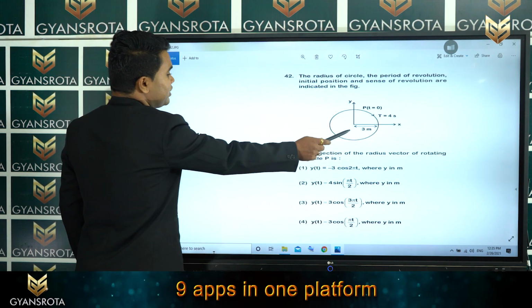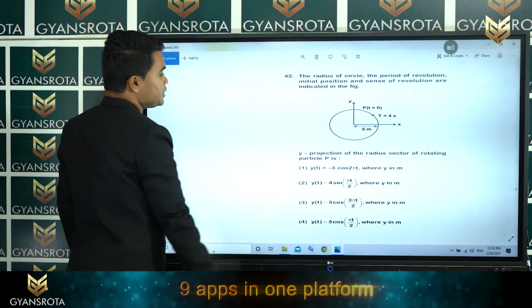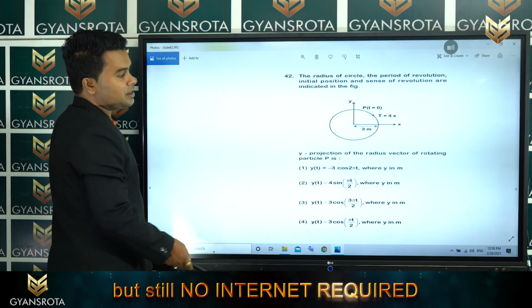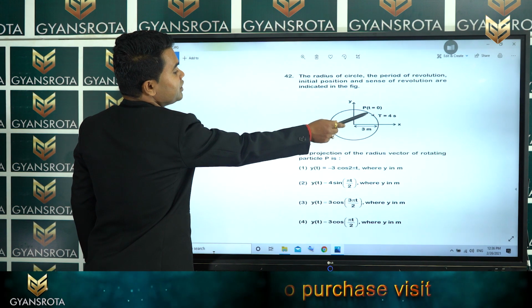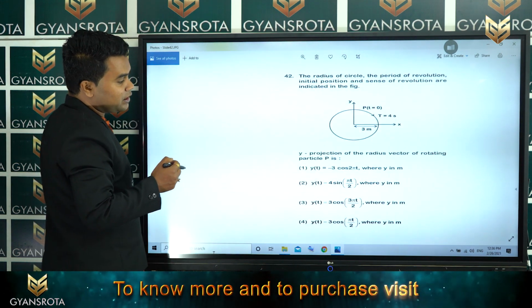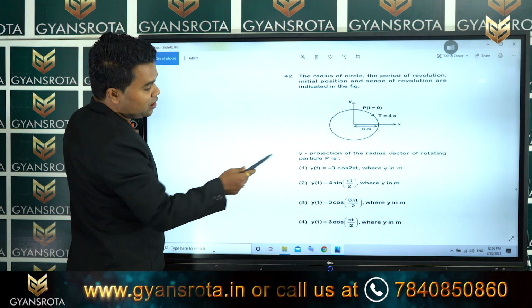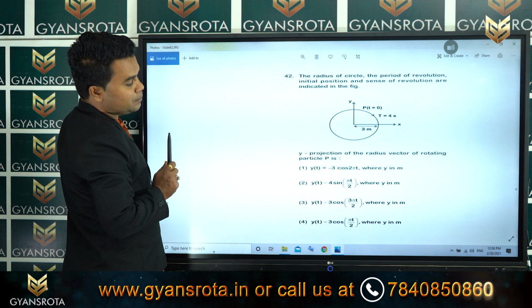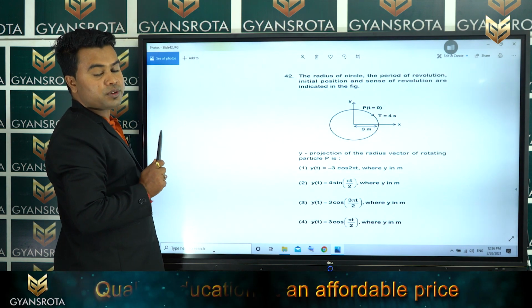So I can say this is the radius, means this is the maximum displacement by the particle, that means the amplitude will be 3 meter, and its time of revolution is given to be 4 seconds. So how do you calculate? What you need to find out is the y projection of the radius vector of the rotating particle P. That is what you have to calculate.